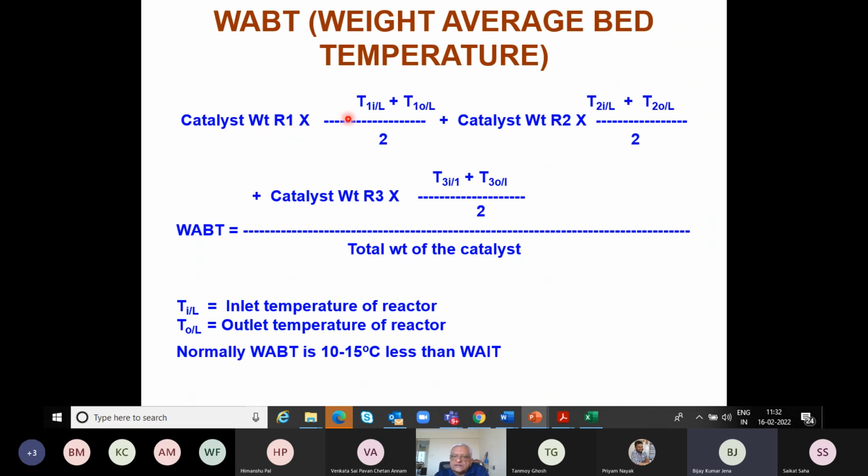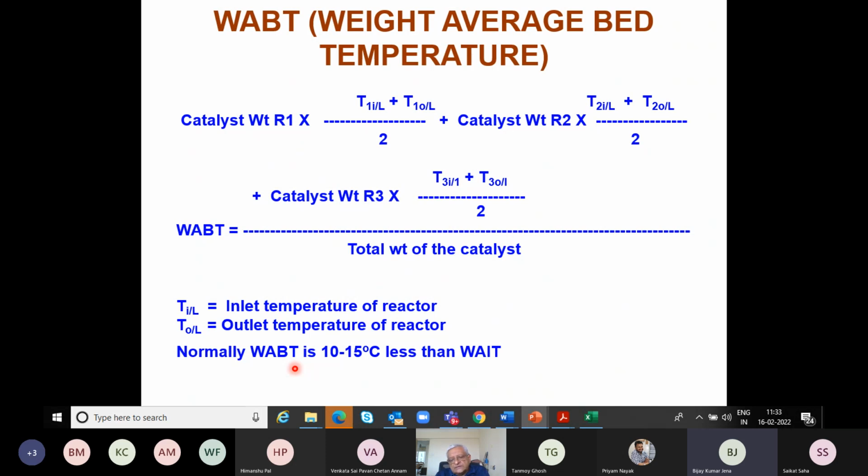The only difference is that rather than taking the inlet temperature, we take an average between the inlet and the outlet. The rest remains the same. Sometimes we use this terminology. In fact, most of the time, weighted average bed temperature gives you more idea of the severity at which we are carrying out the reaction.